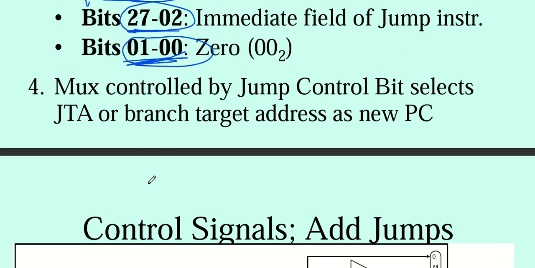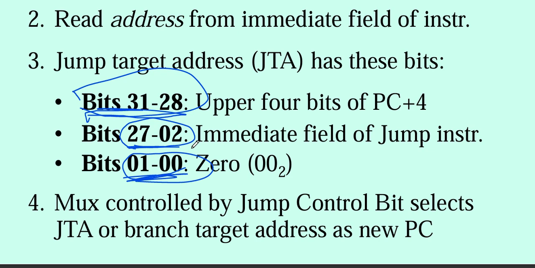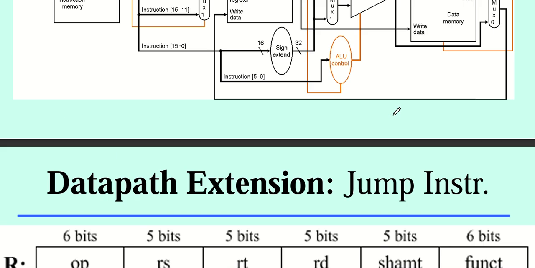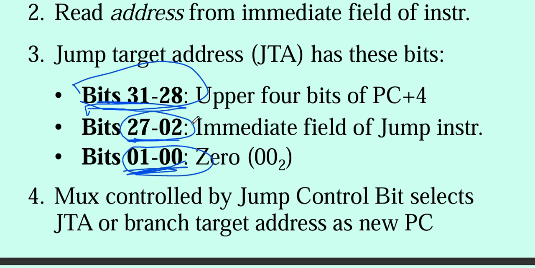That's why here it is from 27 to 2, which is also 26 bits. That 26-bit value is what will be stored. The upper 4 bits will come from the upper 4 bits of the program counter, and the last 2 bits will be padded with 0 to get the effective jump target address.